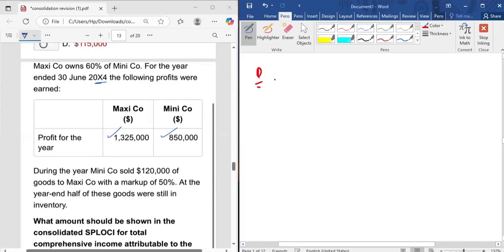Maxi acquires 60% of Mini, and who has sold goods to whom? Mini has sold goods to Maxi for $1,20,000. At the year end, half of these goods were still in the inventory.